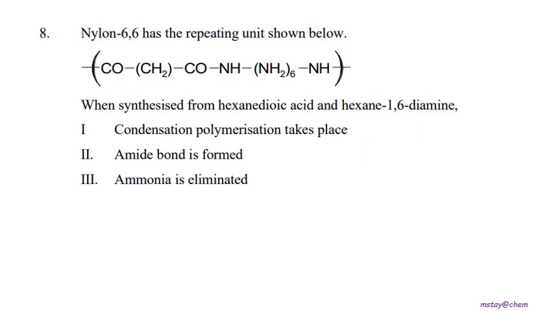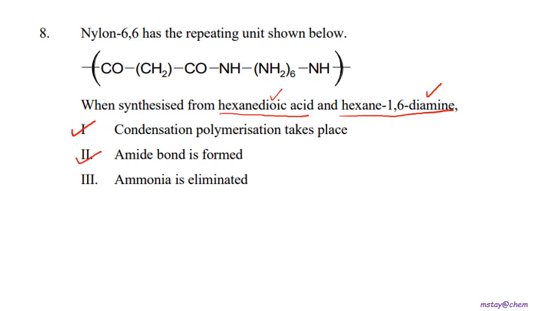Question number 8, nylon 66 has the repeating unit as below. It is formed from hexanedioic acid and hexane-1,6-diamine. So when we have carboxylic acid with the amine, the type of polymerization is condensation. And because of the amino group and also the carboxyl group, we'll have the amide bond.